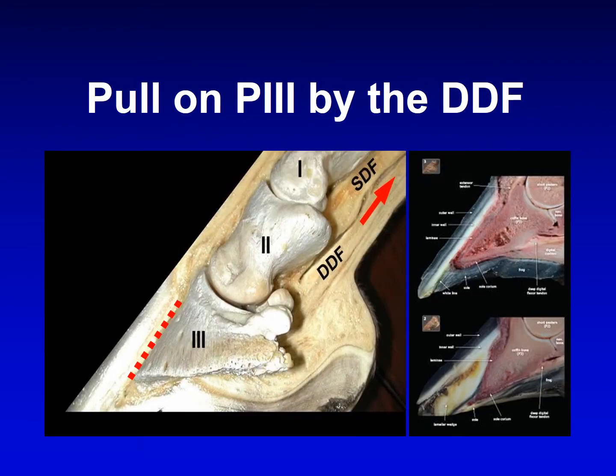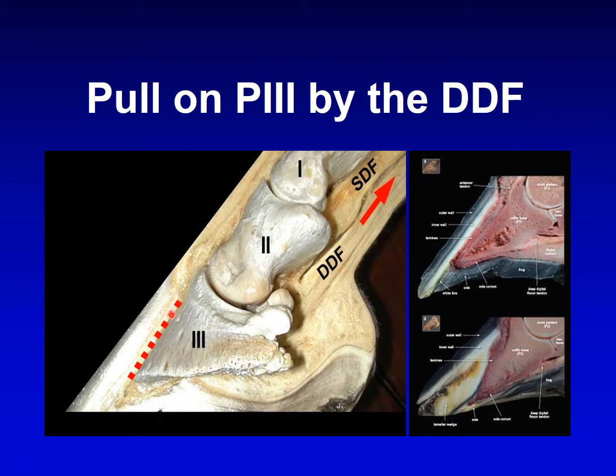Okay, so we did talk about how laminitis takes place in two stages. The first one we call foundering, and that is the separation between the internal lamina of the epidermis and the external lamina of the dermis.